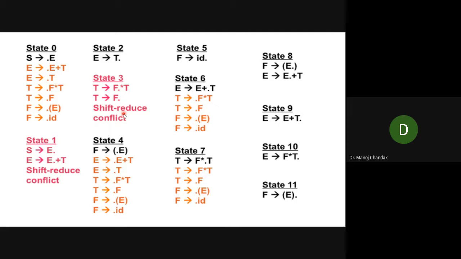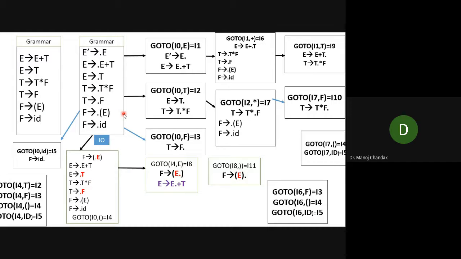Okay. शिफ्ट रिड्यूस का मतलब है कि आप शिफ्ट भी कर रहे हैं डॉट को और एक रूल को रिड्यूस भी कर रहे हैं. So basically you cannot do these two things together, and in a grammar if there is a shift action also and reduce action also, then such grammars will be basically called as not LR0 or ambiguous grammar.